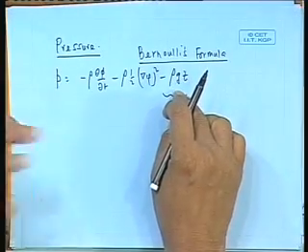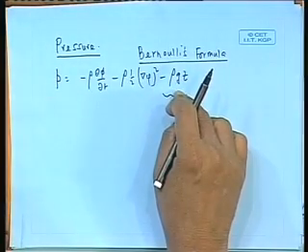You would have heard this in some context. The pressure is given like this, of which this part is called hydrostatic pressure, because this is the pressure that I talked about in our earlier class, P equal to rho g z, and integration of that gives me everything.